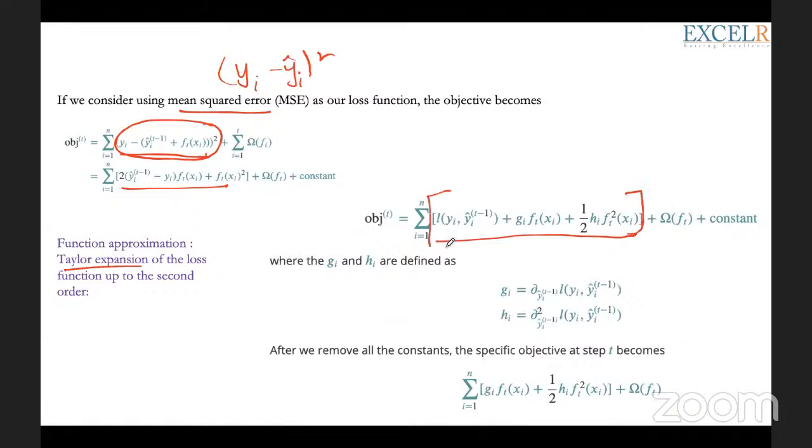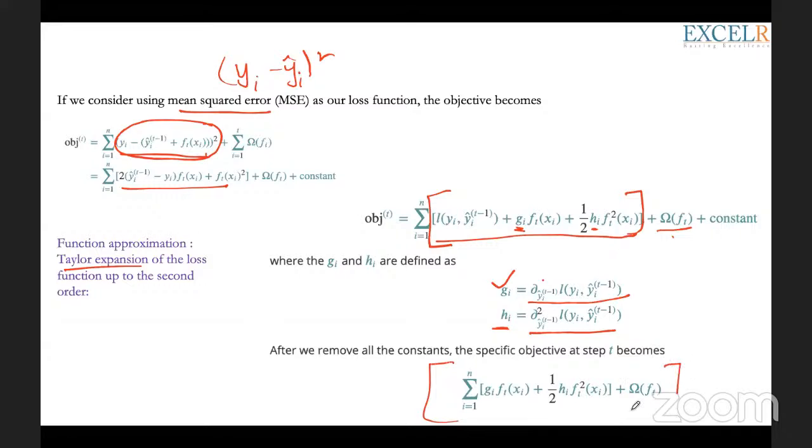We have the first order derivative of the loss function, that is gi, the second order derivative, the partial derivative of the loss function, that is hi, and then our regularization term as it is. So gi is the first order partial derivative of the loss function, and hi is the second order partial derivative of the loss function. Then after applying some mathematical process, you'll get this.